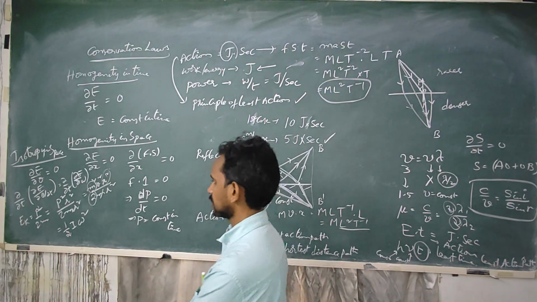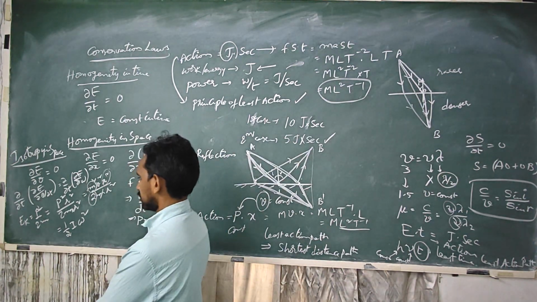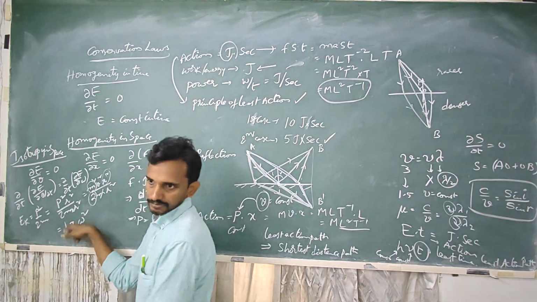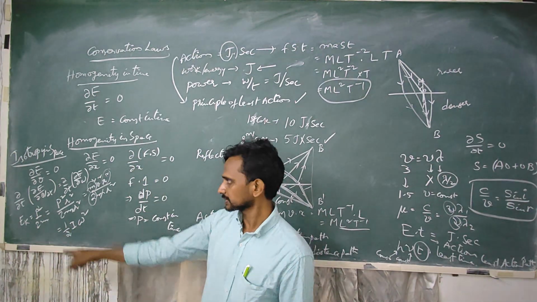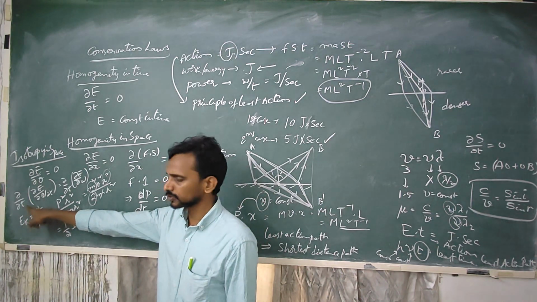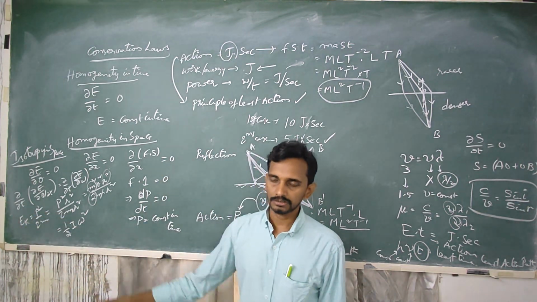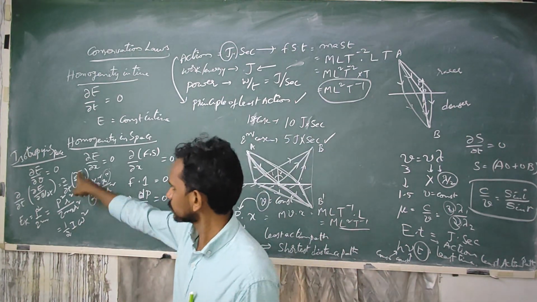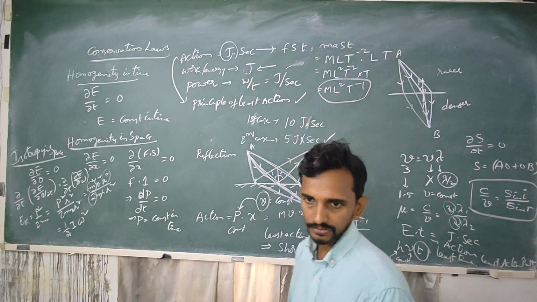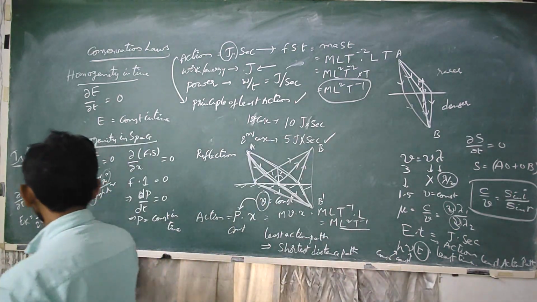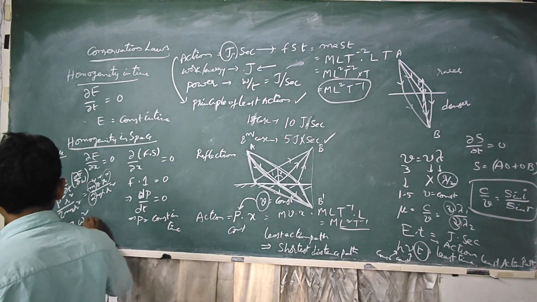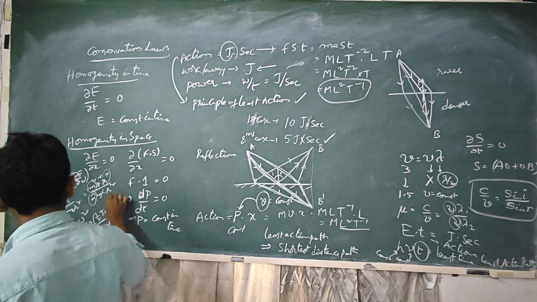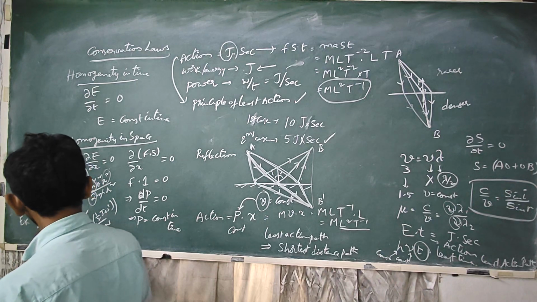This is the kinetic energy in circular motion, half I omega square. In linear motion it is half m v square, so that can be replaced with half I omega square. Now we have to take dou E by dou omega. So what do we get? Dou by dou t of dou of half I omega square by dou omega.